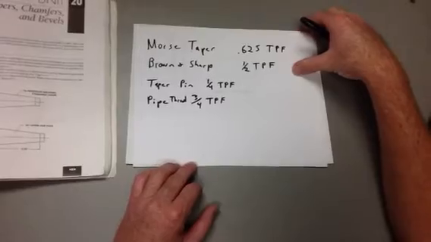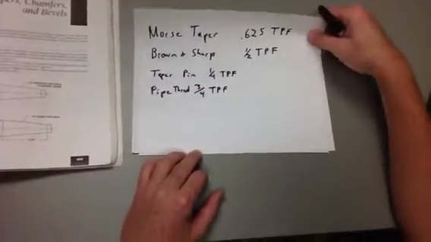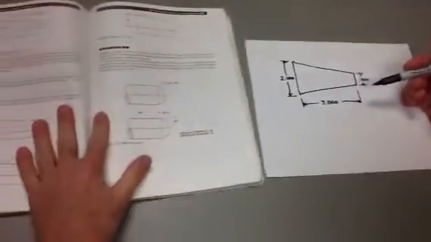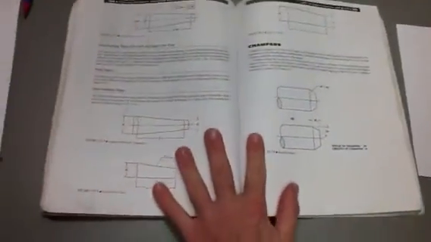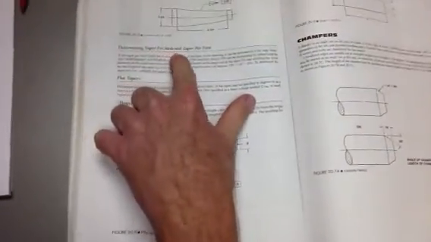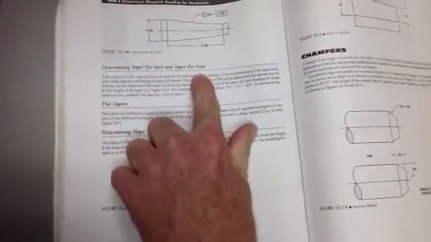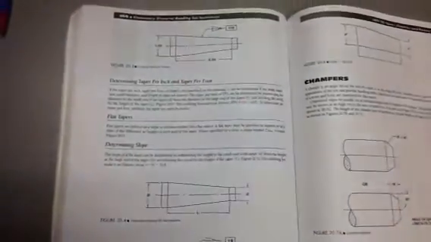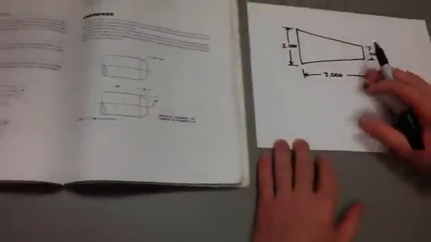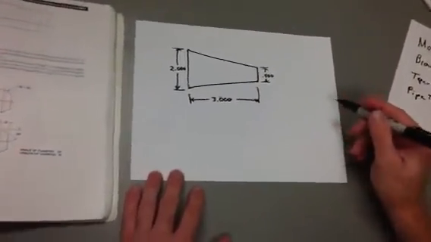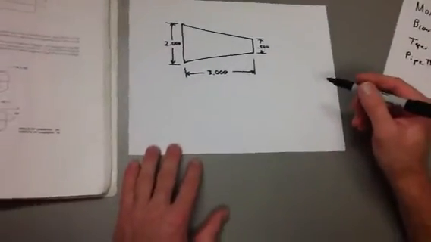Now we're going to talk a little bit about taper per foot and taper per inch. If you look in your book, it talks about determining taper per inch and taper per foot. That's on page 104. And I'm going to write it down a little bit larger than what you see in your book. So we'll come back over here. We're going to have a formula for determining taper per inch, and this is in your book.